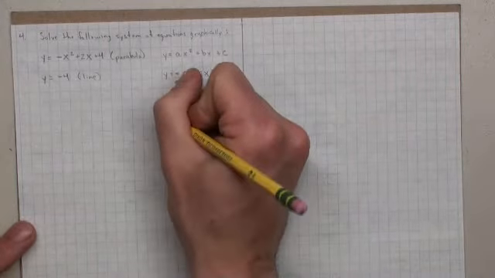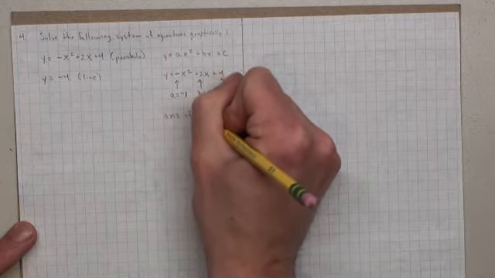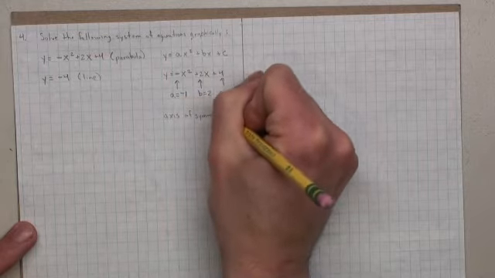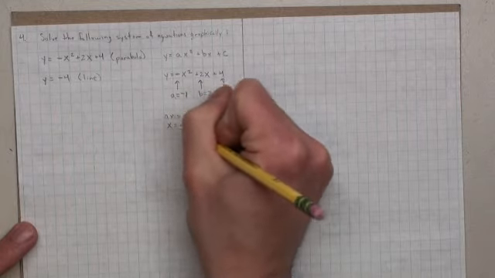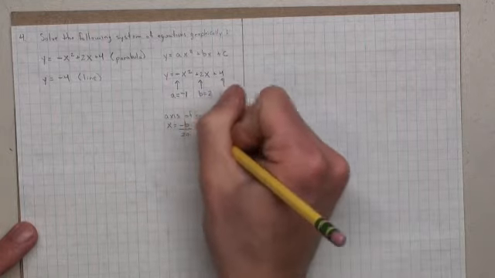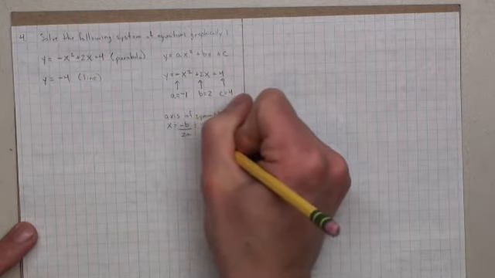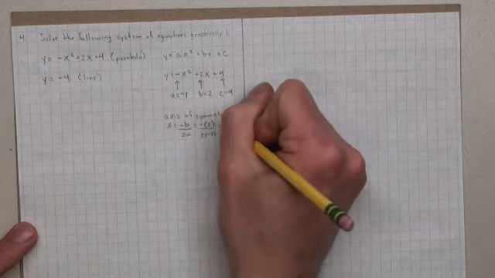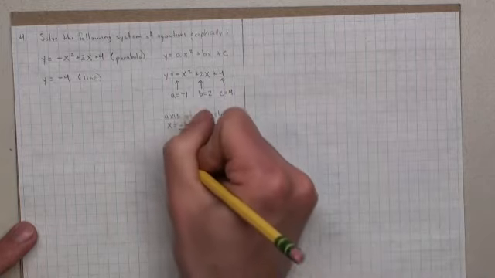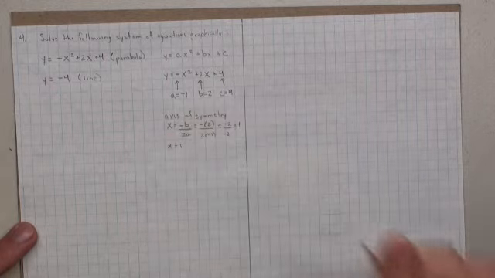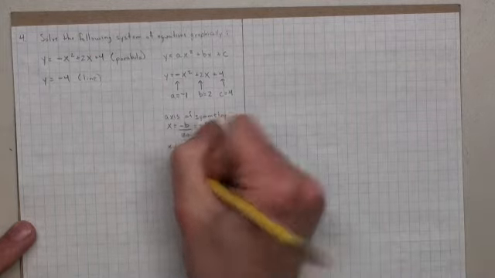Let's do our axis of symmetry. X equals negative b over 2a. So that equals negative 2 over 2 times negative 1. So that's negative 2 over negative 2. So that's 1. So our axis of symmetry is x equals 1. Right? Let's draw our table.